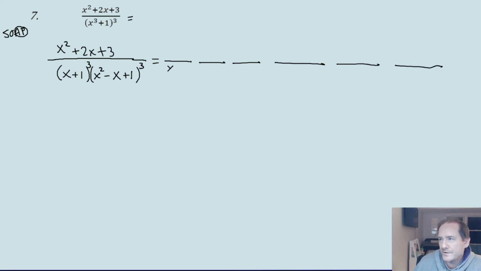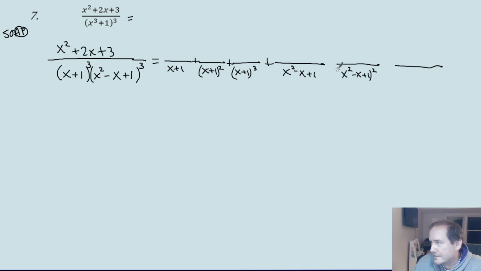We'll have an x plus 1, an x plus 1 squared, and an x plus 1 cubed. We'll have an x squared minus x plus 1, an x squared minus x plus 1 squared, and an x squared minus x plus 1 cubed.